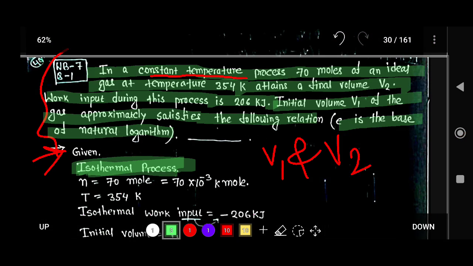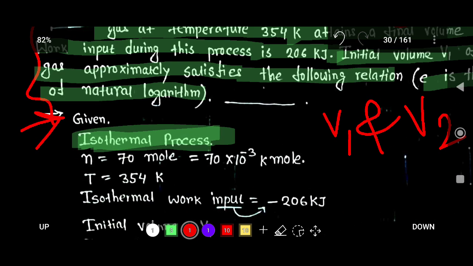Now what else is given? 70 moles of an ideal gas, so the n value is given, 70 moles, which is 70 into 10 to the power minus 3 kilomole.